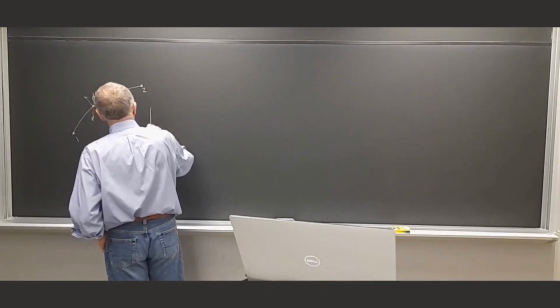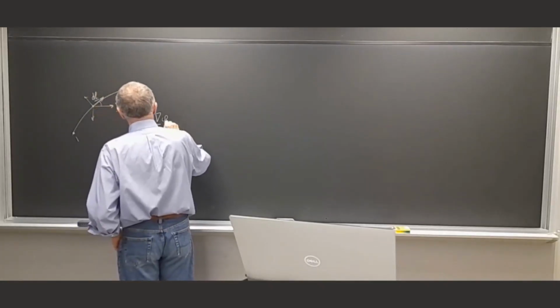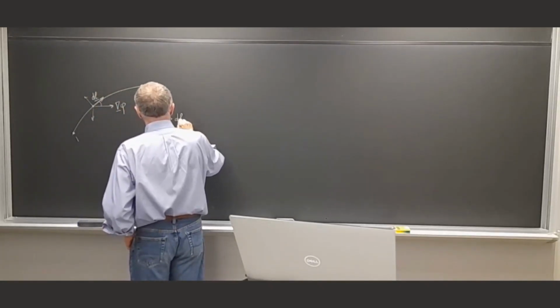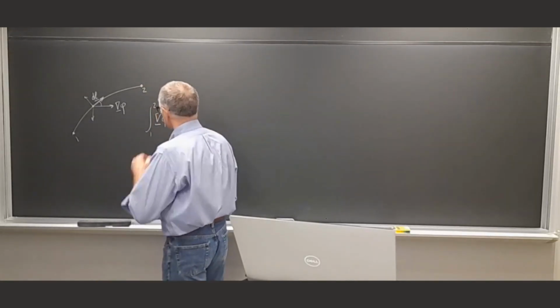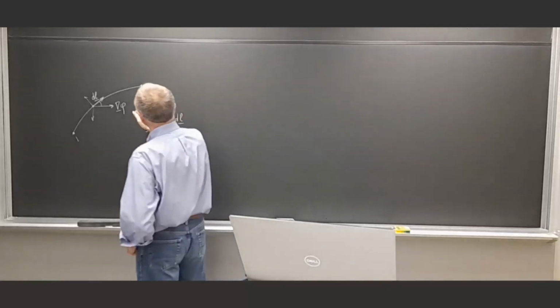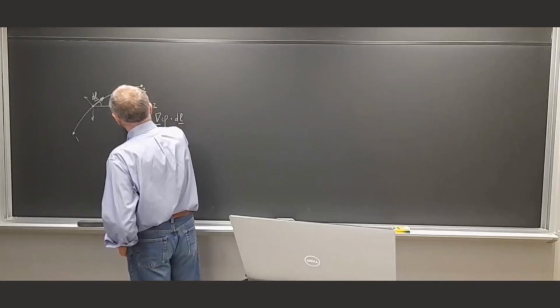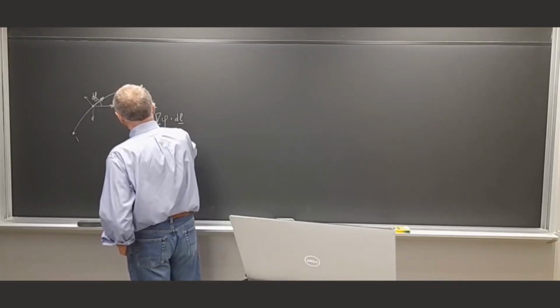So you do the integral of the gradient of phi dotted into dl from 1 to 2. And that gives you the difference in voltage. What is it? V2 minus V1.